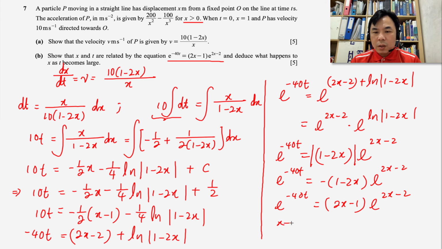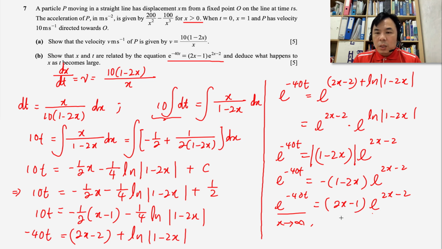So I'm running out of ink at this point. So as x approaches infinity, what will happen to the exponential? You will notice that the exponential negative 40t would definitely approach 0 here. This part would definitely approach 0, and then therefore because exponential 2x minus 2 cannot be equal to 0.